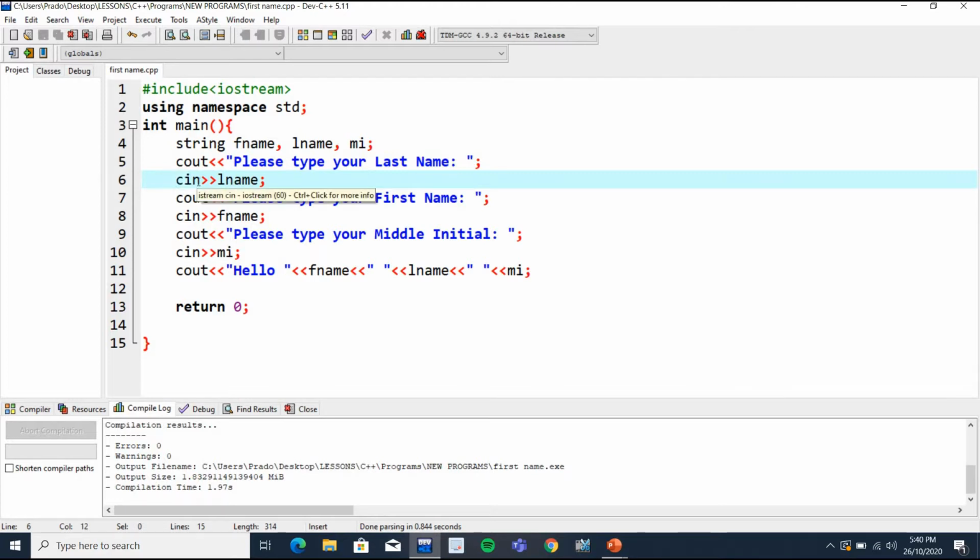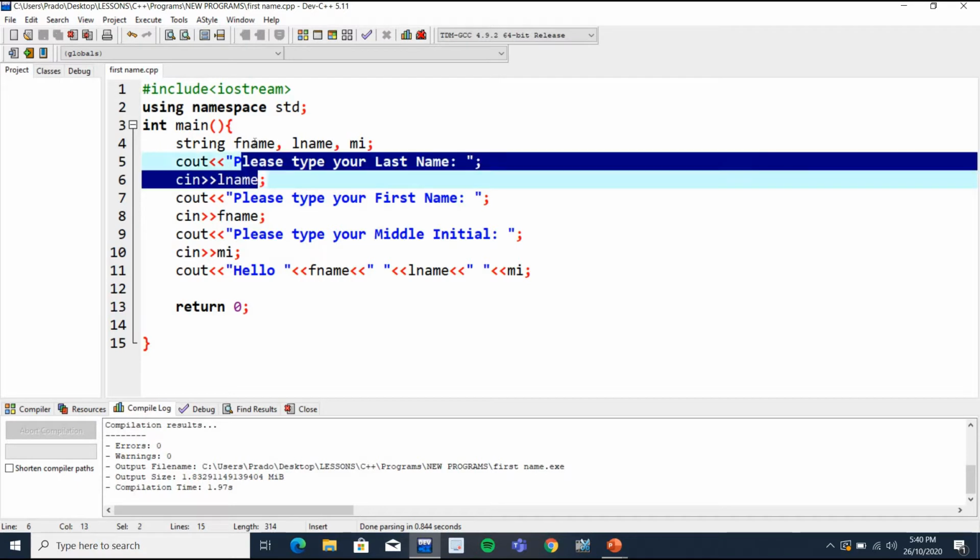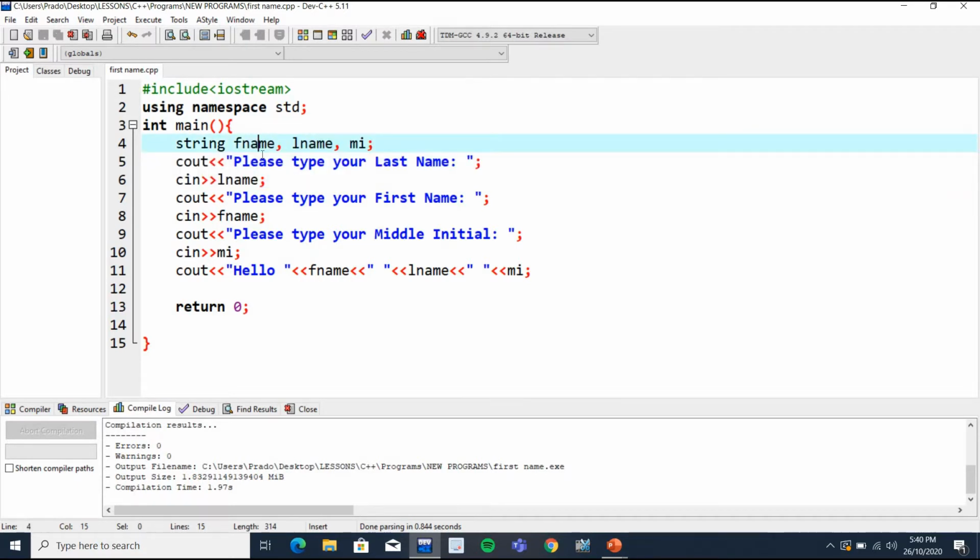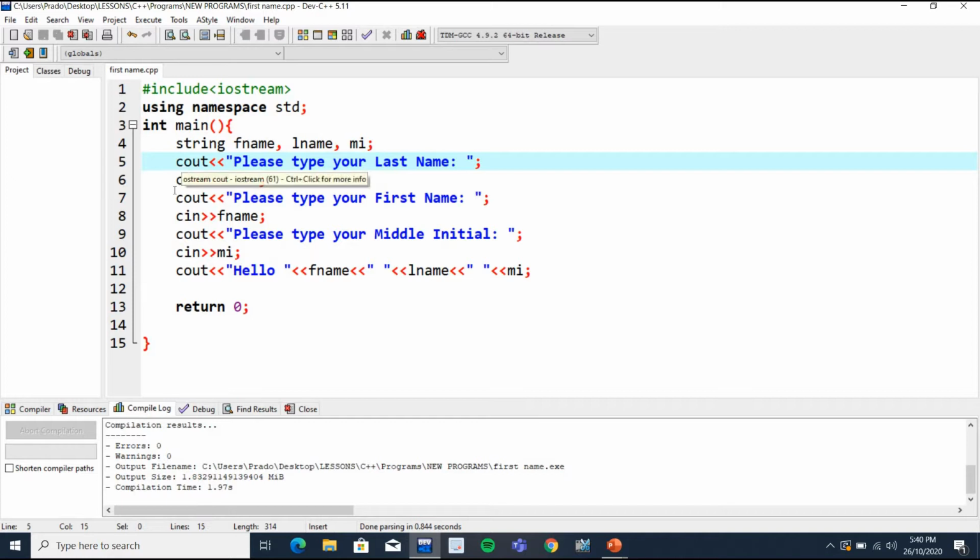And then, every cin po, meron pong ilalagay na dalawang greater than na sign. And then, yung paglalagyan po natin ng data, which is kung anong variable po or identifier yung sinet natin dito sa may taas. So, ito po yung paggamit ng cout and cin.